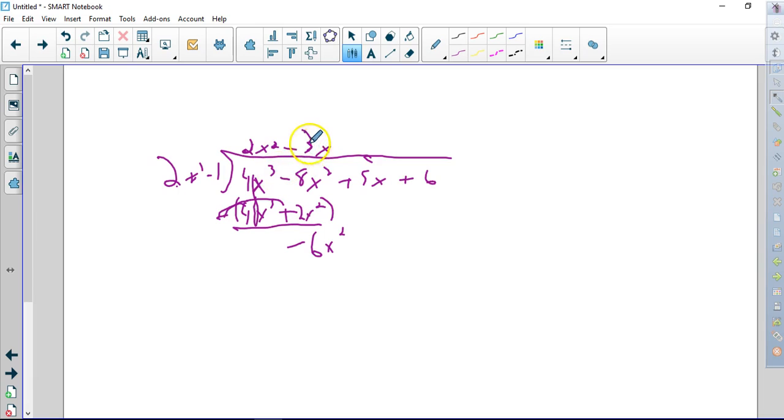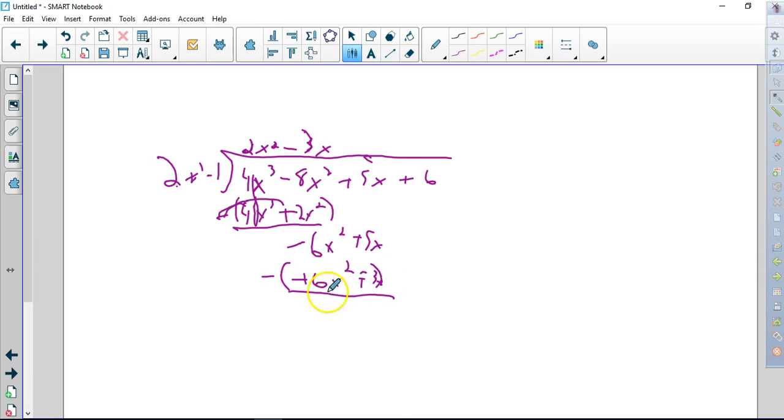Now we're going to multiply. Negative 3 times 2, I forgot to bring down again. So negative 3 times 2 is negative 6x squared plus 3. Now, I'm going to subtract, but I need to put this in parentheses. So when I subtract, this is going to become positive 6x squared, and this is going to become negative.